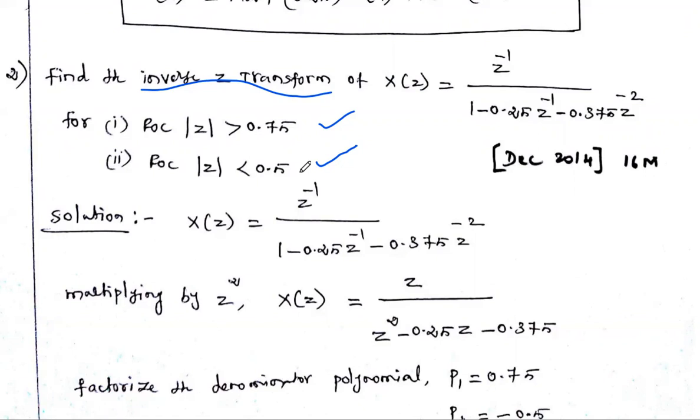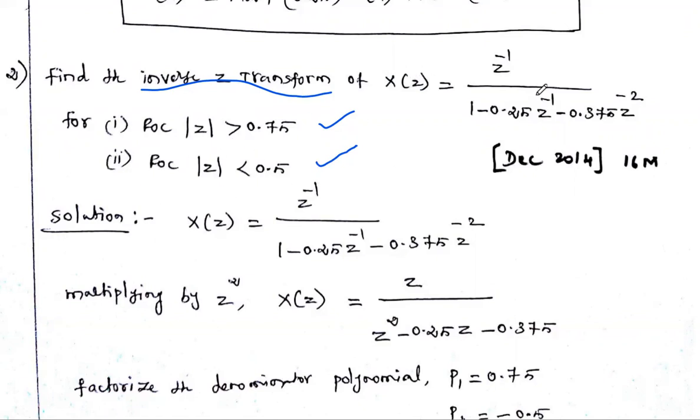What is an anti-causal signal? The signal has value in negative time, that is, from minus infinity to minus 1. That signal we call an anti-causal signal, and that term is multiplied with u of minus n minus 1. In the last step we have to apply these two conditions.